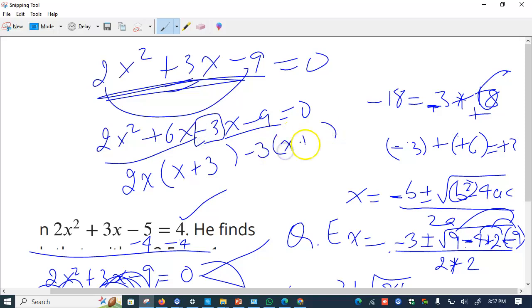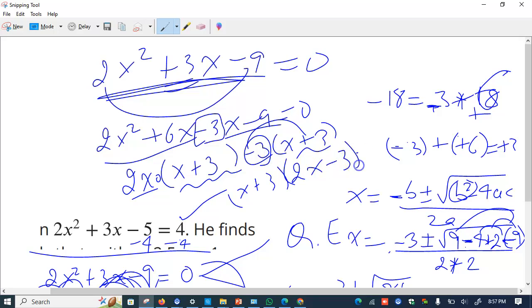So it becomes x plus 3, and you can see both are x plus 3. So x plus 3 is a multiple of this 2x and also a multiple of minus 3. So that's how you figure it out. And you can solve this for x, and you get x equals the opposite of plus 3 is minus 3, the opposite of minus 3 is plus 3, and then there is a 2 here, so divide by 2. So that's another way to do it.